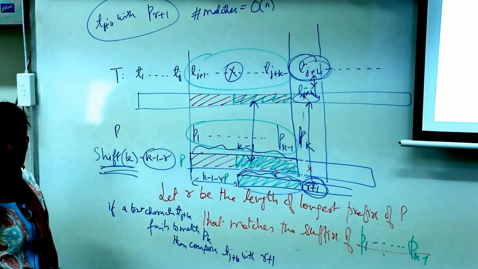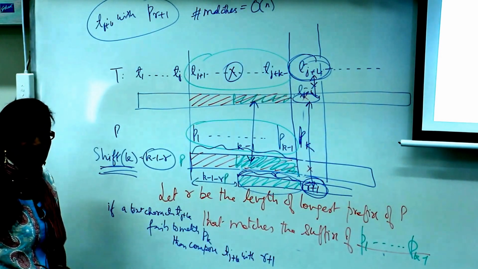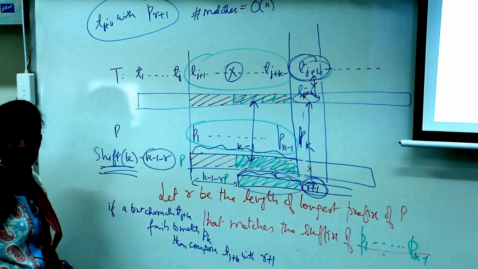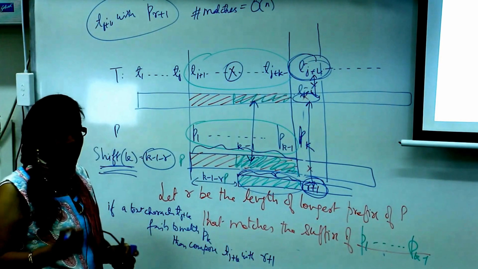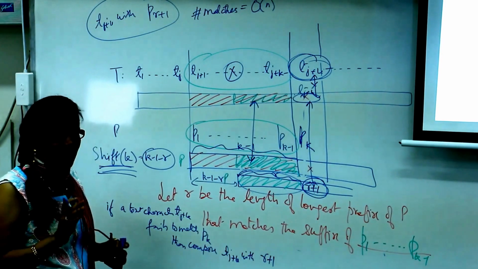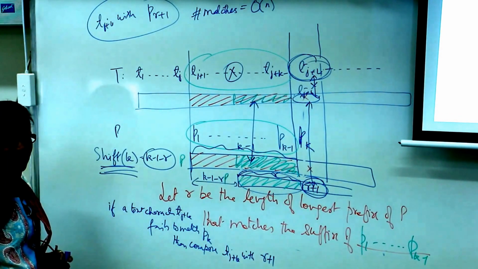Whenever a mismatch occurs, we slide the pattern at least by one position. Whenever there is a mismatch, we slide it for sure. The shift is always greater than or equal to 1. Okay?